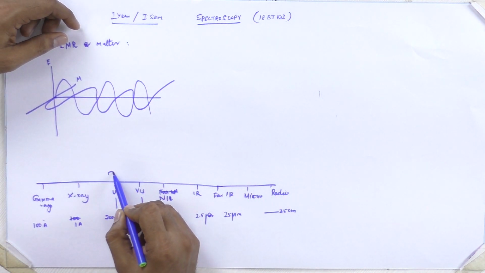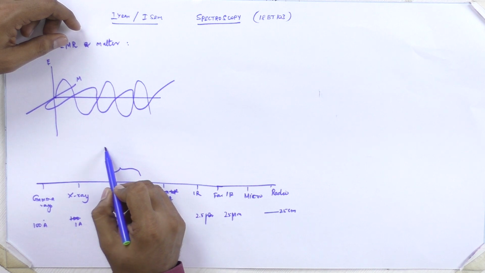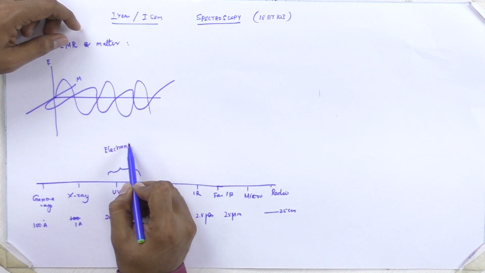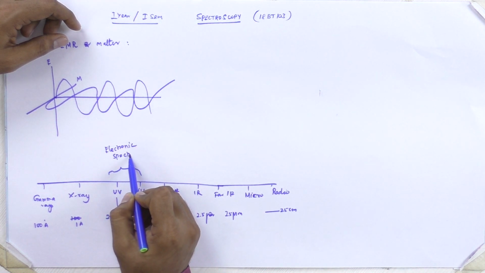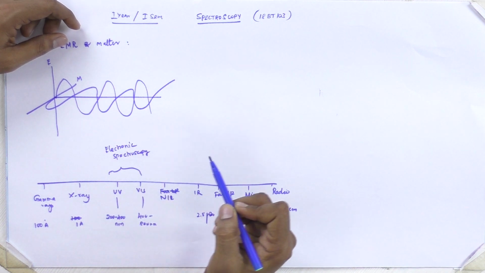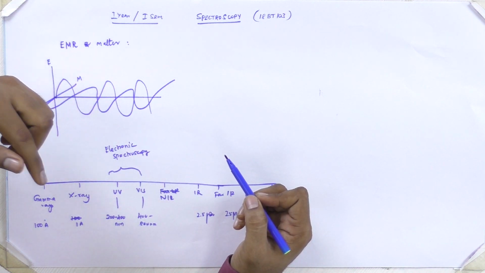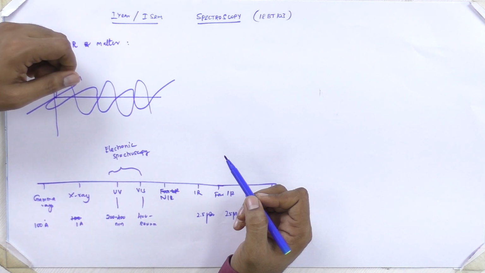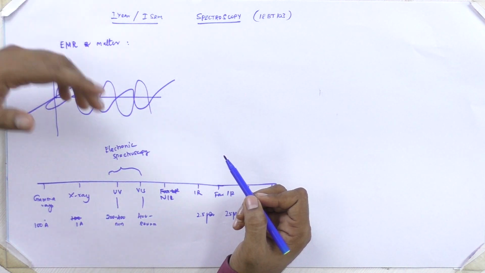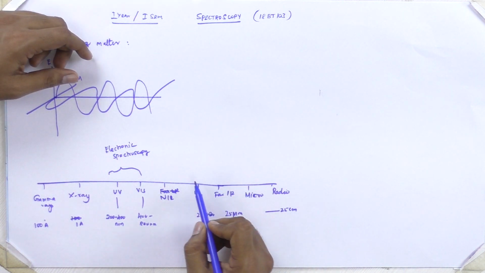UV visible spectroscopy is collectively called electronic spectroscopy, because it is the interaction between the electronic transitions of the compounds and UV rays.